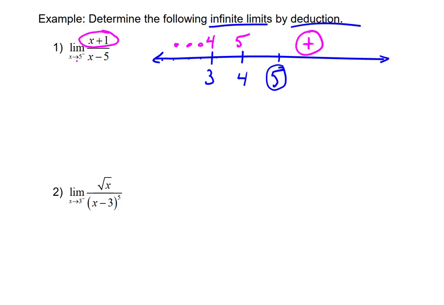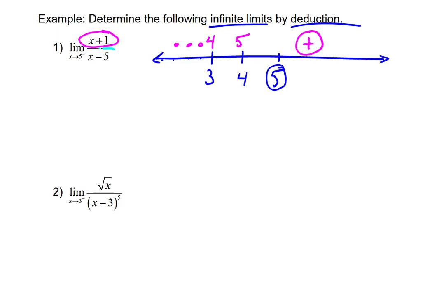If you go far enough to the left, these x values will be very negative, and when you add 1 to them, they would still be negative. So you would have a negative numerator value in those cases. But remember, we're approaching 5 from the left, so all we care about is kind of what's happening near the end of this journey here as we get close to 5. And when we do, we can tell these are going to be positive values in the numerator.